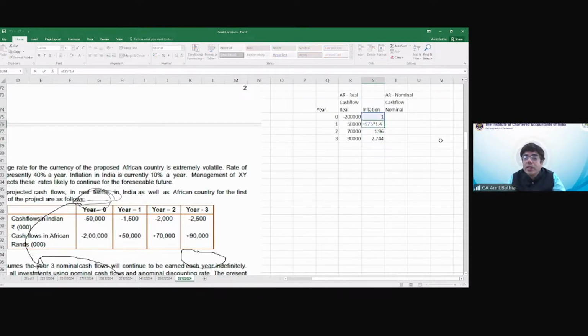What we are doing is basically multiplying by 1 plus 40%, which is the inflation rate. So it is into 1.4. Now I have got the inflation values incorporated over here, so I can now convert my real value into nominal value.